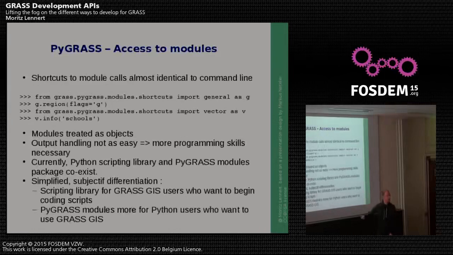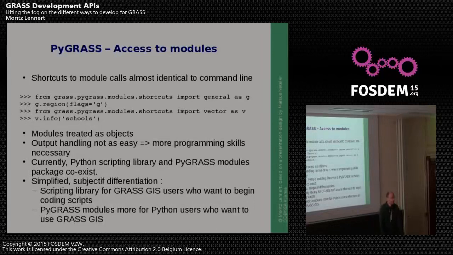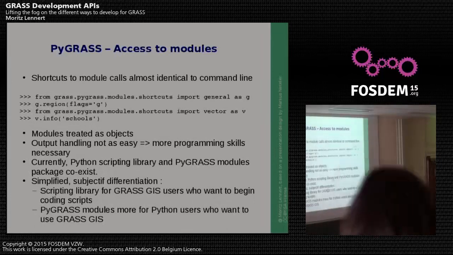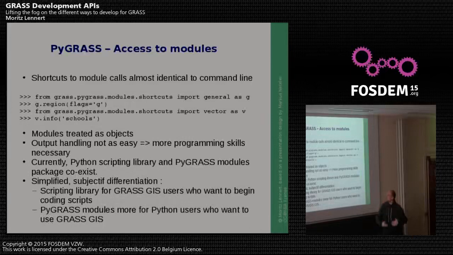You can also actually create shortcuts, Python shortcut calls, which then really make your Python code almost look like Grass code. You call the g.region module exactly with the name g.region, or v.info as v.info, etc. So that is a way to allow people to use Python scripting but still stay within the known realm of Grass module calls.